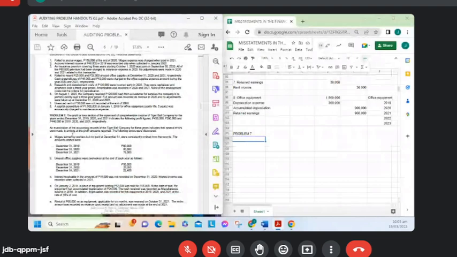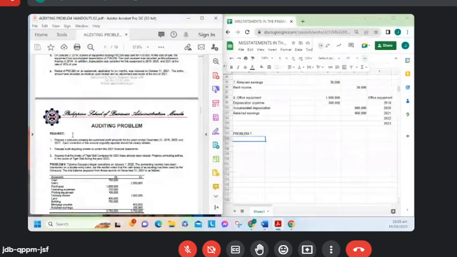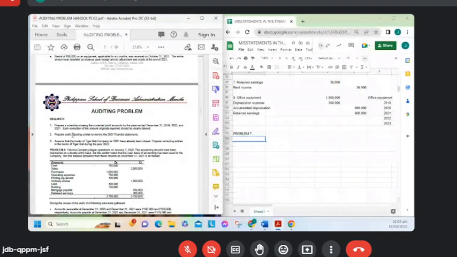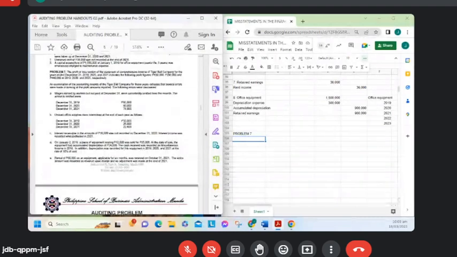So let's go to problem number 7. Medyo mahaba, no? The profit or loss section of the Statement of Comprehensive Income of Tiger Ball Company for the years ended December 31, 2019, 2020, and 2021 indicates the following profit figures. So 450, 290, and 440,000, respectively.